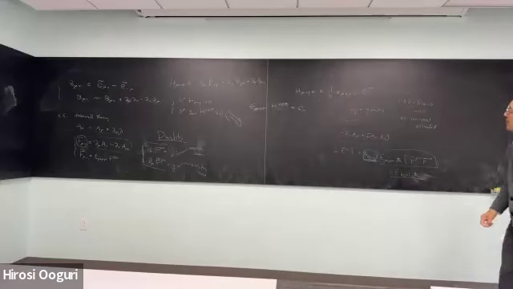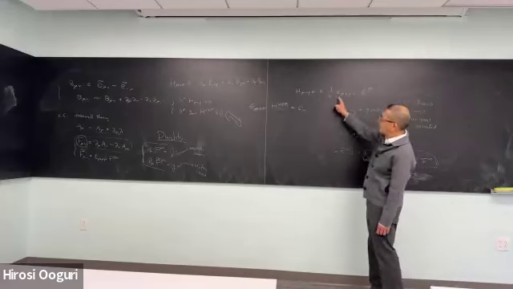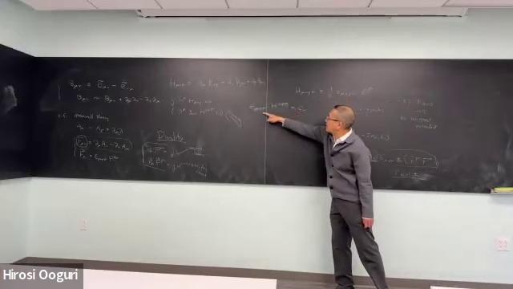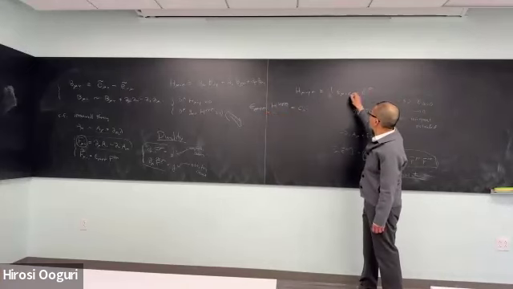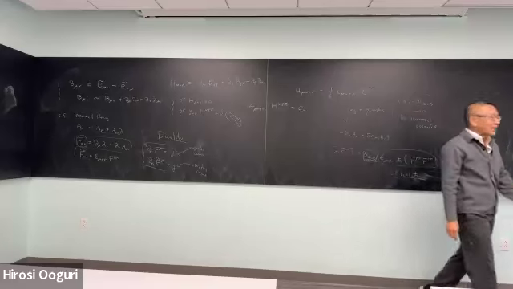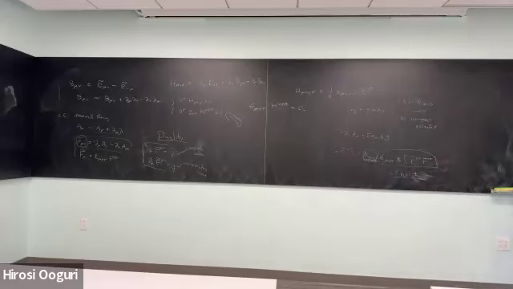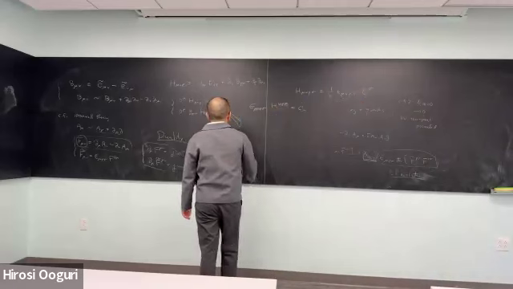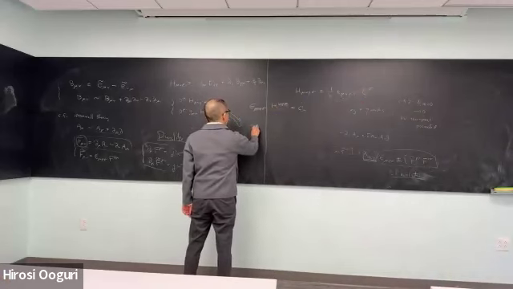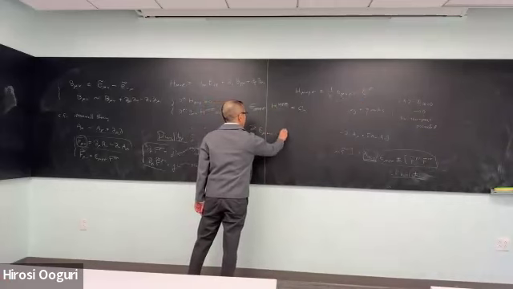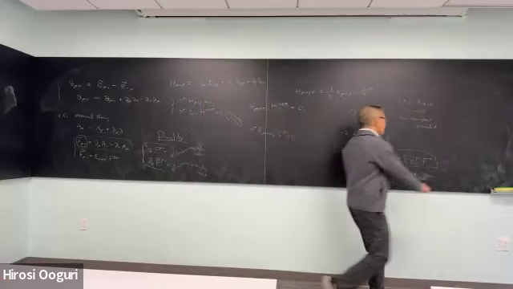Let's see, is this correct? I think it's correct, right? Because if you do it twice, then you are contracting epsilon with epsilon. So for fixed sigma, there are 3 factorial choices of indices, so you should divide by 6. If you substitute this in, the first equation becomes del mu epsilon mu nu rho sigma chi sigma equal to 0.